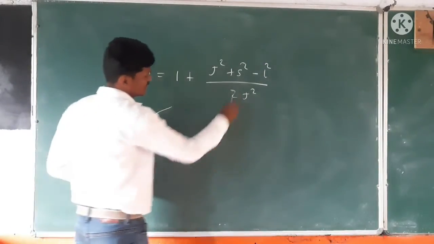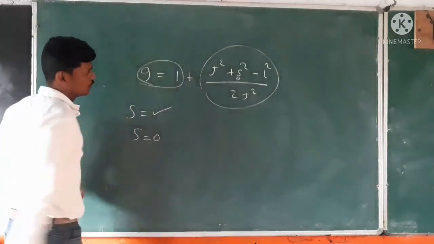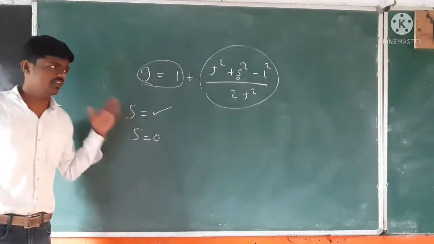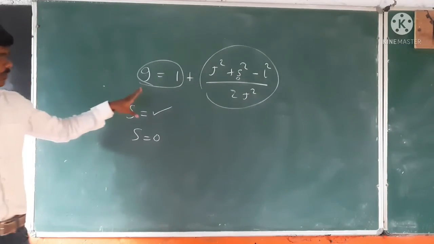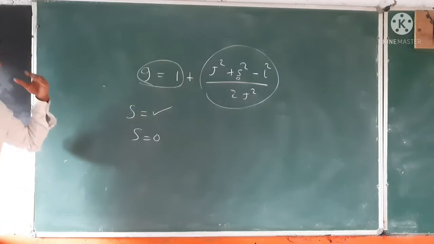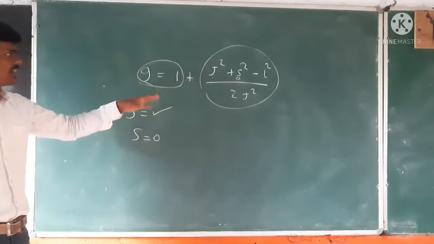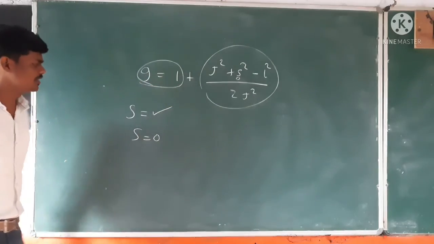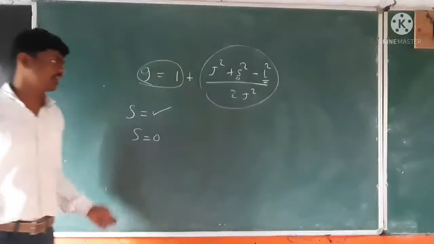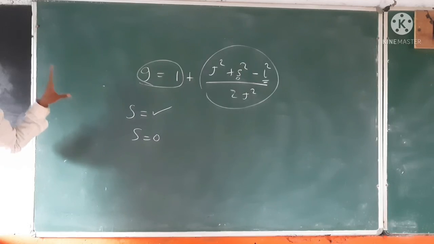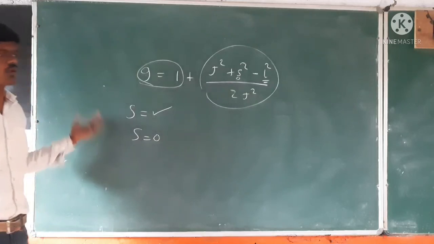If we take S as 0, then this quantity will be 0 and g will have the value 1, so it does not take part in any splitting or interaction energy. To explain the anomalous Zeeman effect, we need this g factor, this splitting factor. Otherwise, only the orbital angular momentum is taken into account. So this is the main cause of the anomalous Zeeman effect; otherwise, it is the normal Zeeman effect.